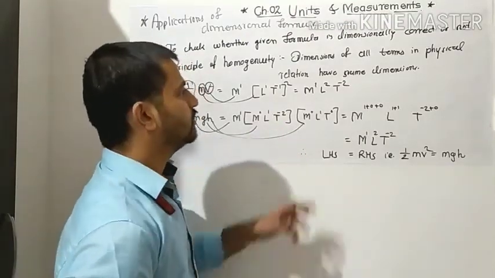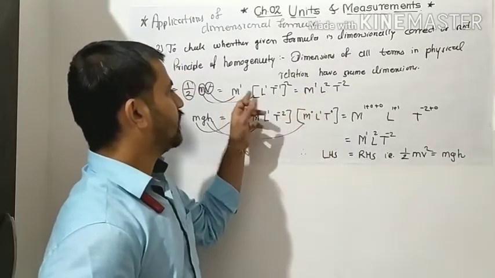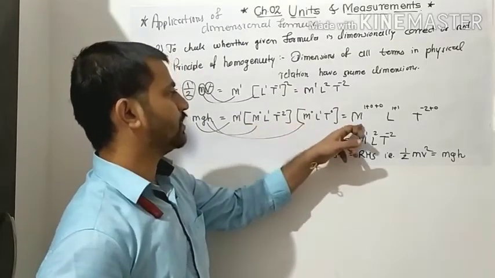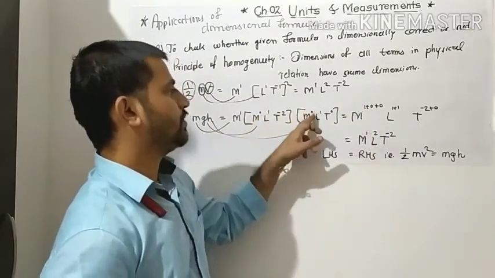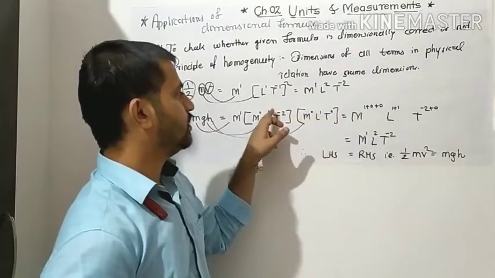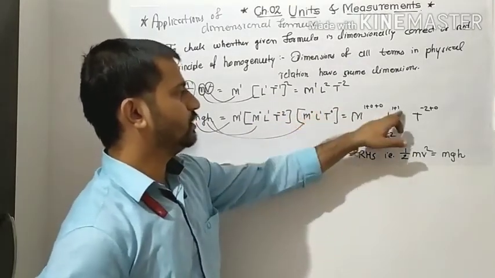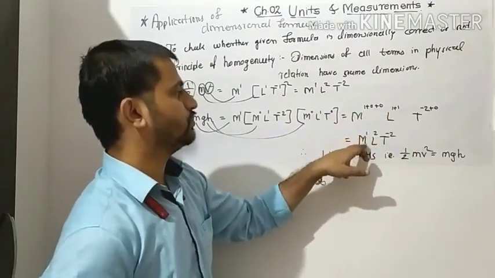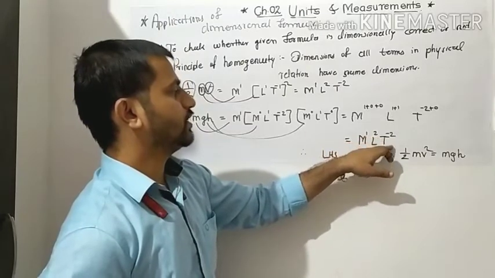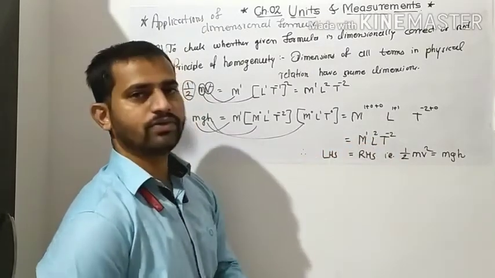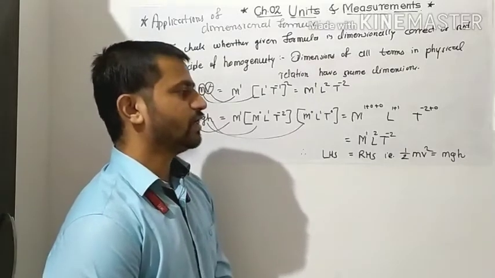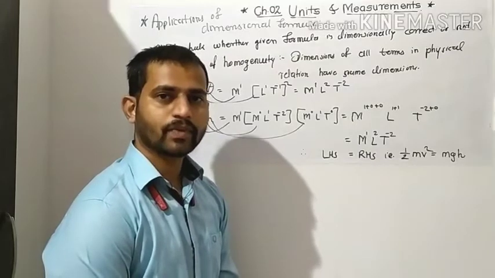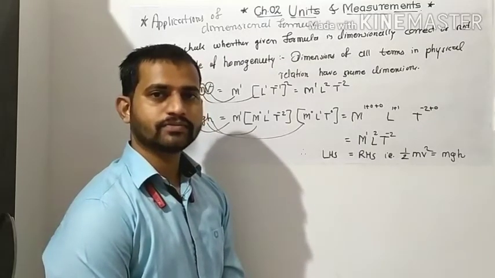We just have to take the addition of the powers: m raised to 1, m raised to 0, m raised to 0, then L raised to 1 plus L raised to 1, and t raised to minus 2 plus t raised to 0. So that will be m raised to 1, L raised to 2, t raised to minus 2. That is LHS equal to RHS. So 1/2 mv square is equal to mgh is a dimensionally correct formula. So we can prove this.